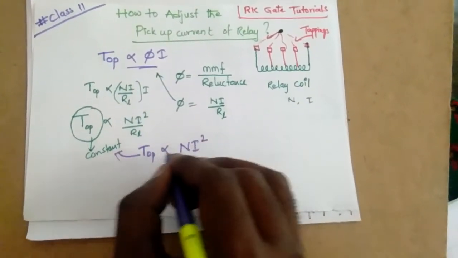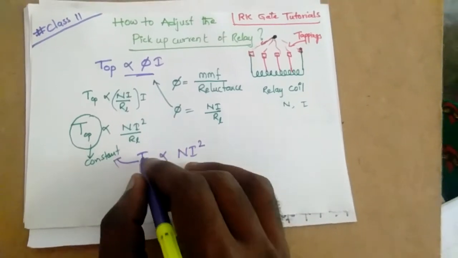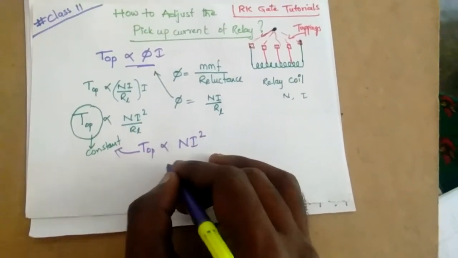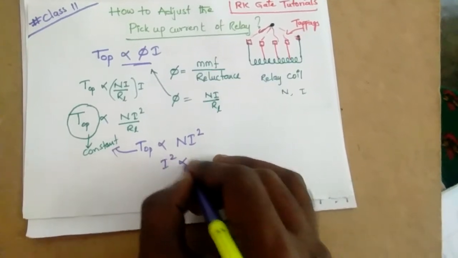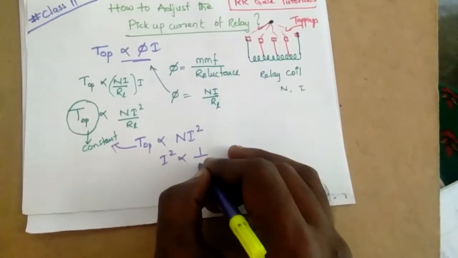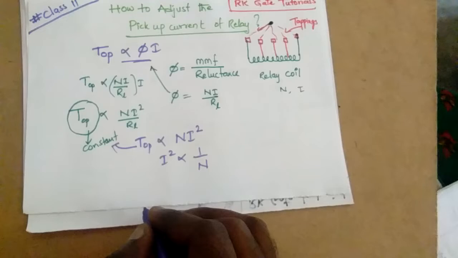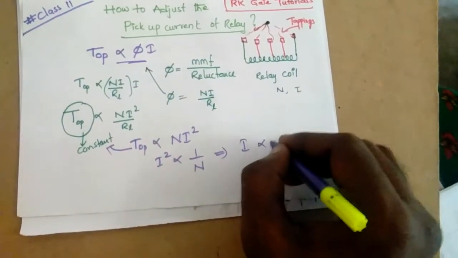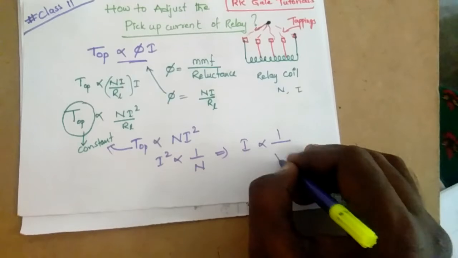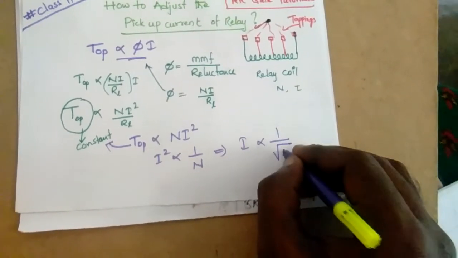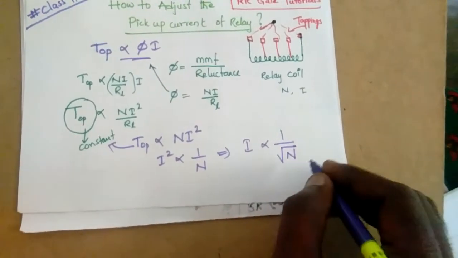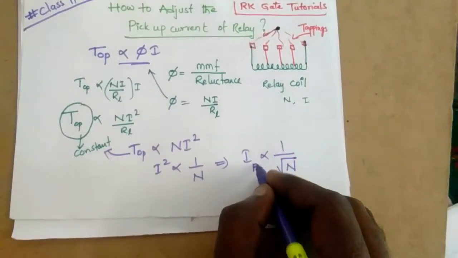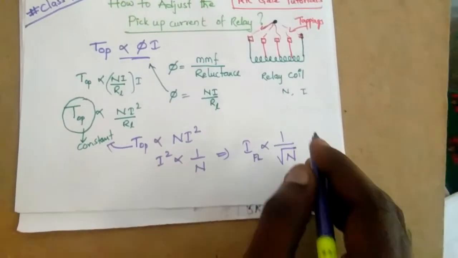Now, if this torque is constant, then what happens? I square is inversely proportional to the number of turns, which means I is inversely proportional to the square root of N. Here I means I FL, the full load current.